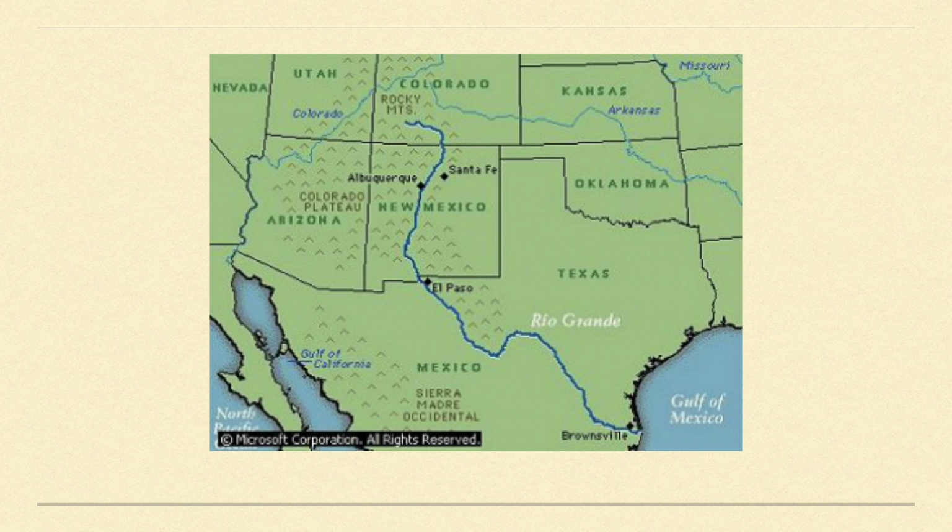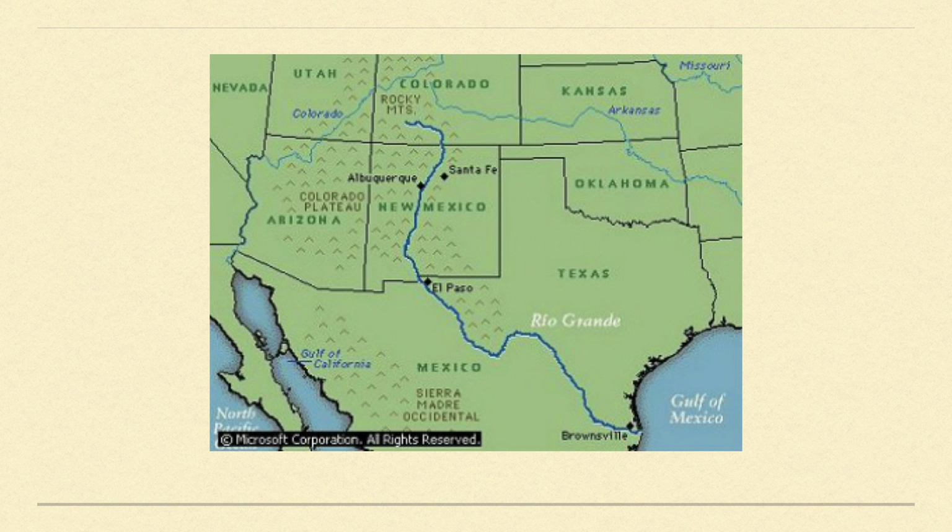The state drew a line and said, this is where New Mexico is going to be, and this is where Texas is going to be. But sometimes we use natural borders for our states, or even for our country. And that's what we did here. We used the border of this beautiful river, the Rio Grande, to serve as the border of Texas.